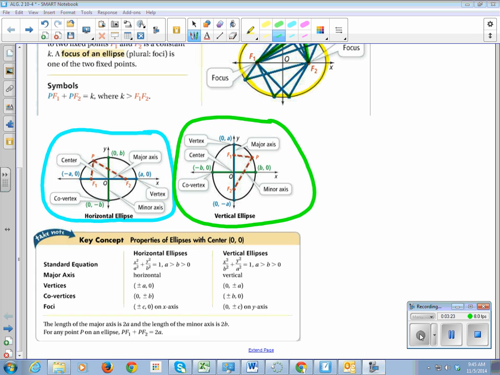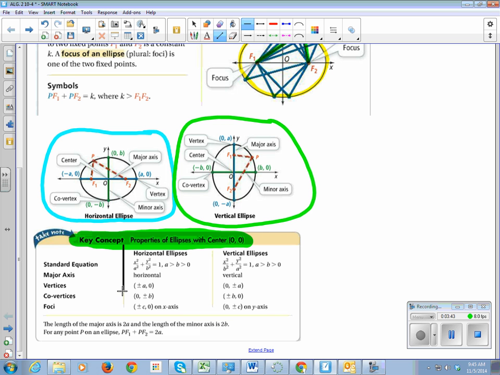All right, so let's look at equations here, and if I were taking notes on this, I would make a little table. So I would definitely write key concept, properties of ellipses with center 0, 0. Then I would make a little table, and I would put 3 columns.